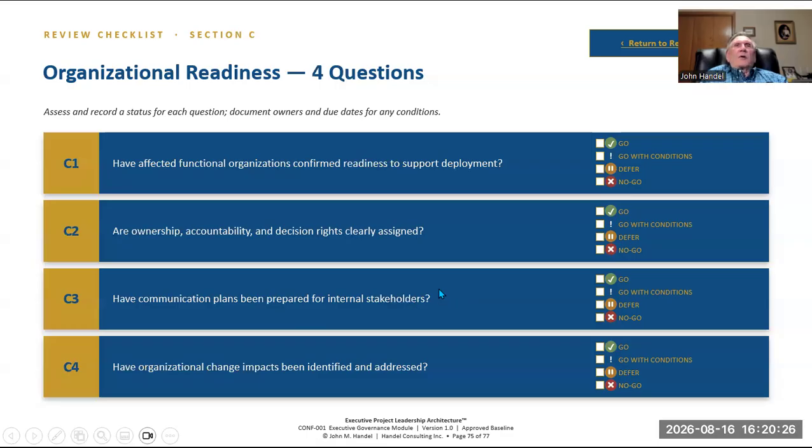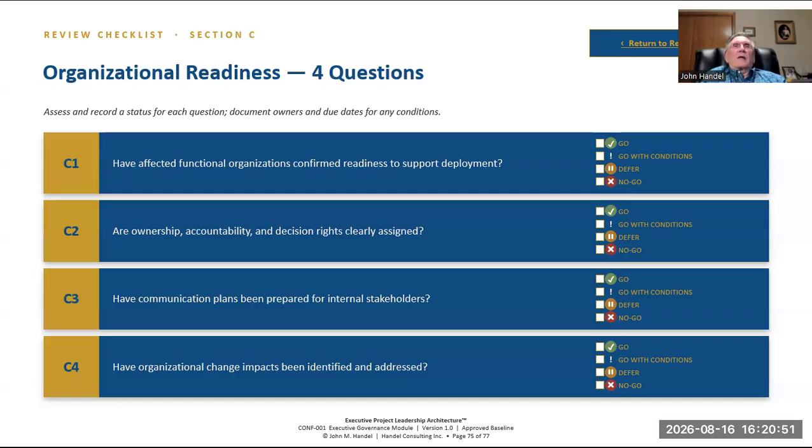So what kind of reports are going to be generated out of this project on an ongoing basis for operations to get some idea of how the new system is working? Have organizational change impacts been identified and addressed? So what type of organizational changes did this lead to?